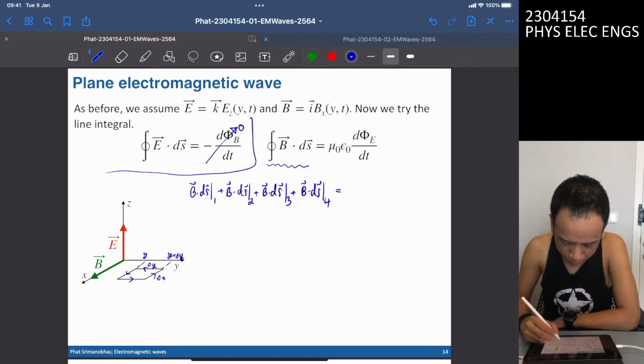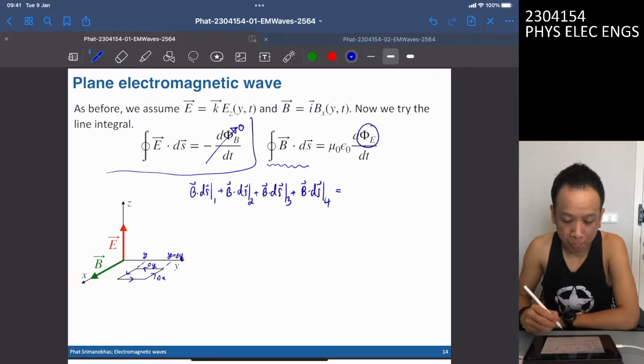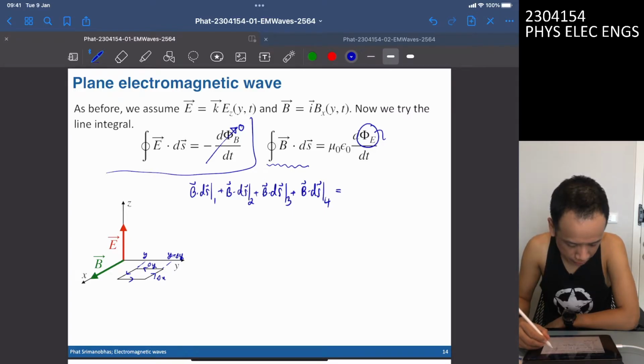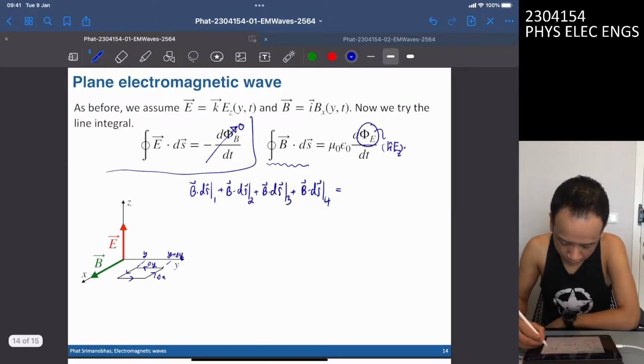On the right-hand side, what is the flux of E? So it's E dot dA, right? So it's E, which is in this direction. So it's k EC, right? Dot dA. dA is the size, which is delta x, delta y in the k direction.